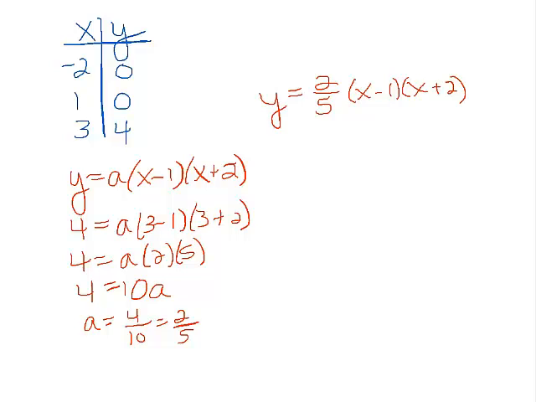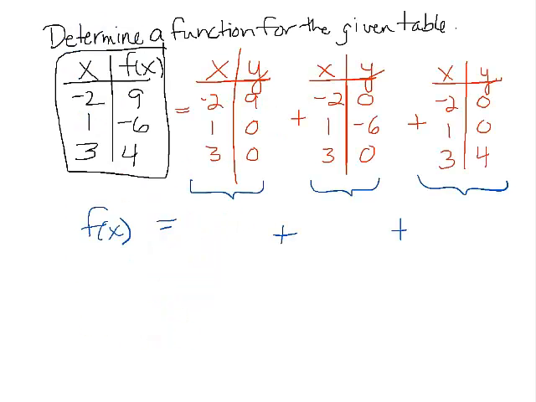Now I have the function for each of these separate tables. So let's go back to the original question. So now let's fill in these functions. On the first table, we found out that that a value was 3/5. Our zeros, I say, were 1 and 3. The second table was a value of 1, x plus 2, x minus 3.